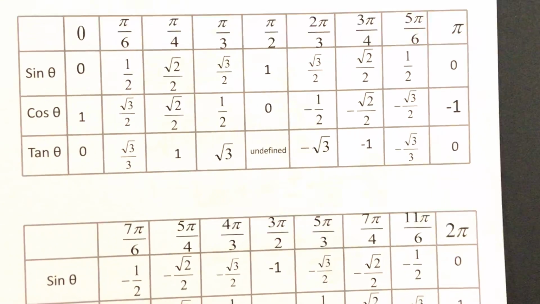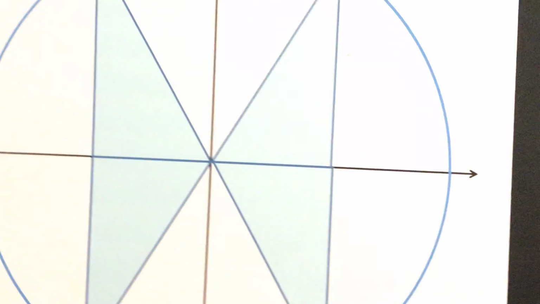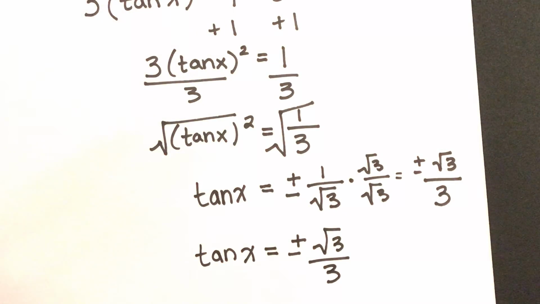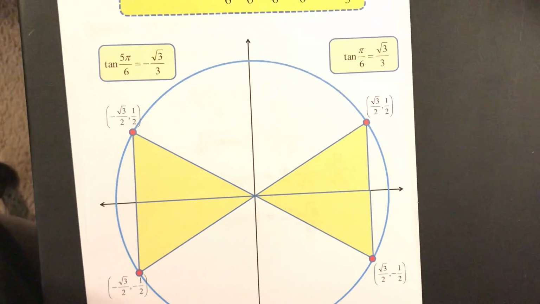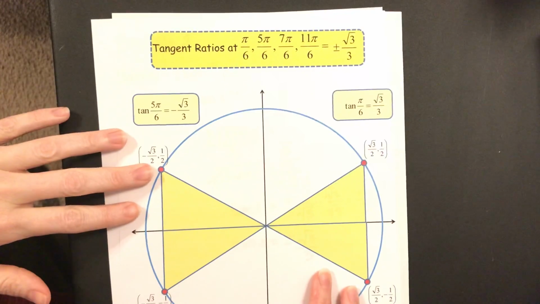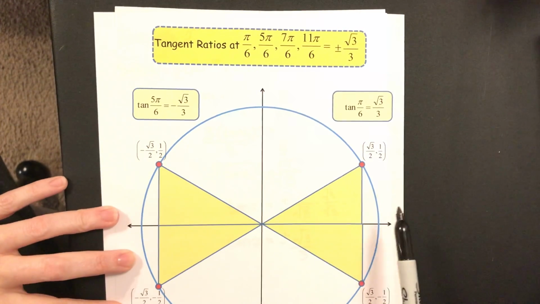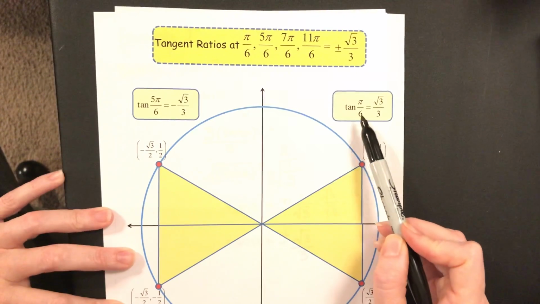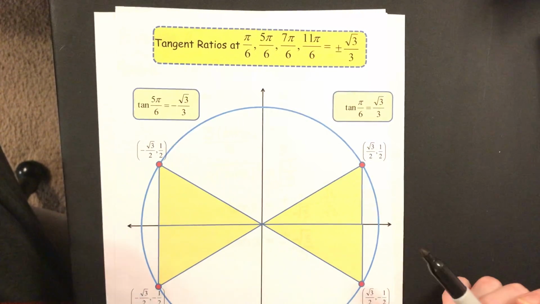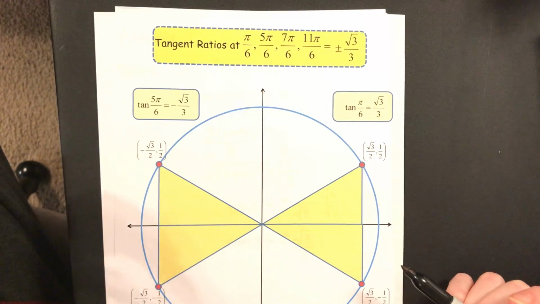I also have this circle. Oh, no, that's the wrong one. Probably have to zoom out for you to see it. So here, the tangents at every, when it's simplified to a sixth, not like it's 4/6 and it simplifies to 2/3.